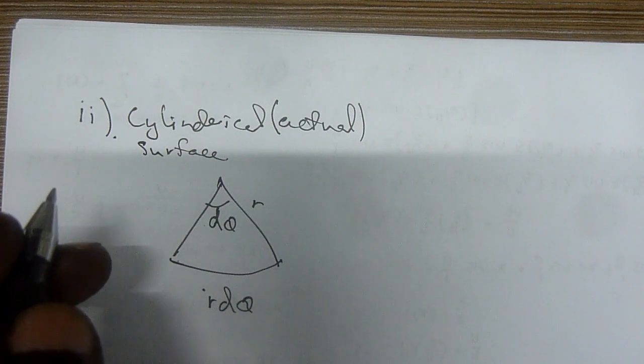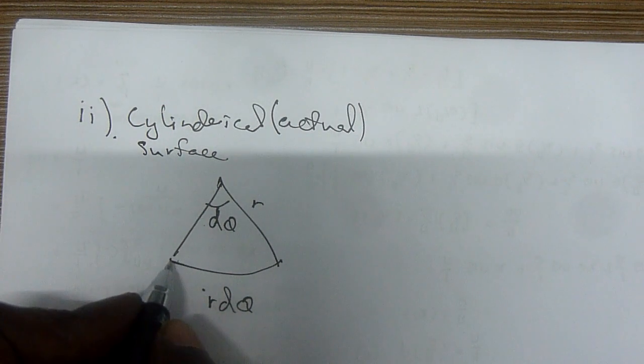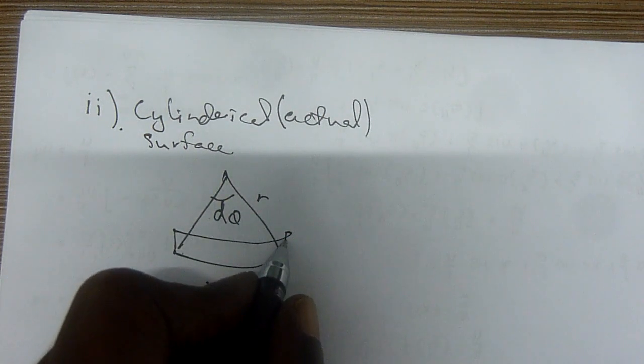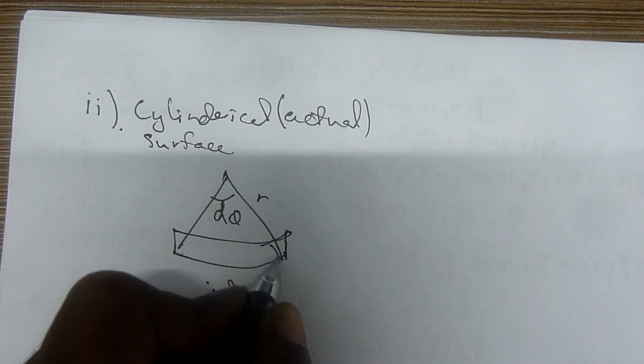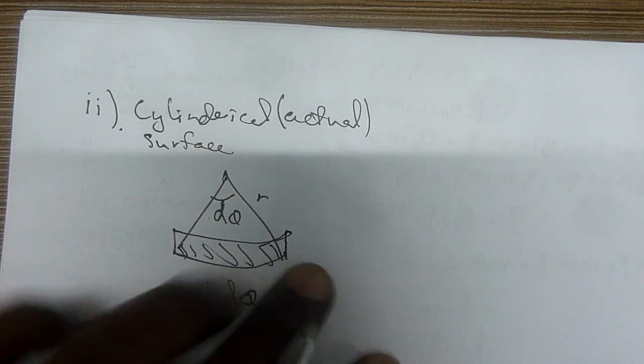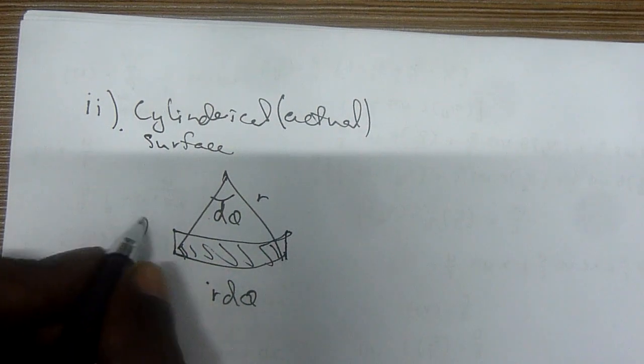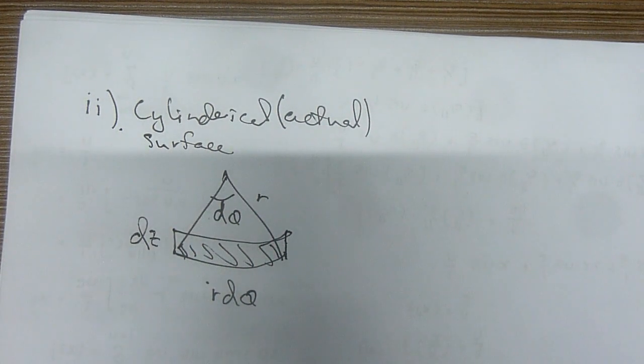So far we already learned that. Now if I pull up a bit here, this surface is a surface of a cylinder. This is dz. Now the question is, what is the surface?